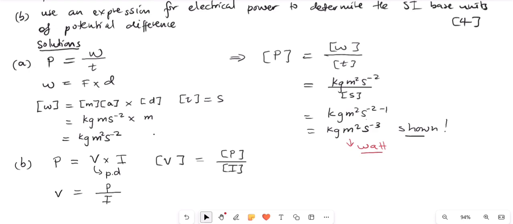So what we simply need to use is the base unit for current, and we already have the ones for power. So we are simply saying kg meter squared per second cubed divided by amps. And this is going to simplify to kg meter squared per second cubed per amp.